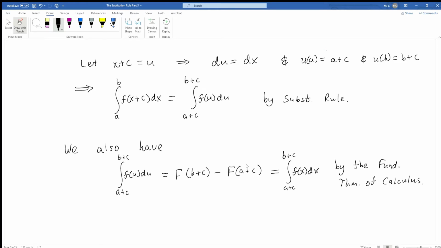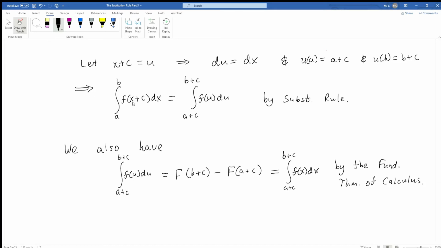Right, so these two things are totally equal by the fundamental theorem of calculus. The fundamental theorem of calculus doesn't care what the variable you started with is. It cares what is the antiderivative behavior of the function and what are the endpoints of the integral. So these two things are the same.